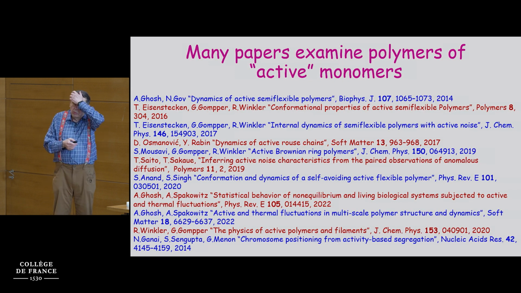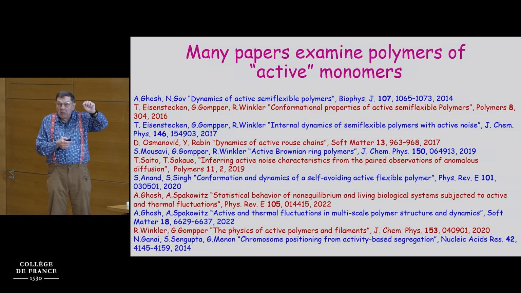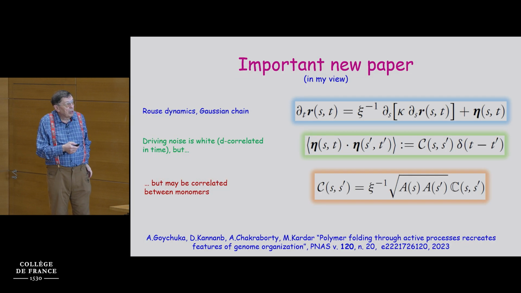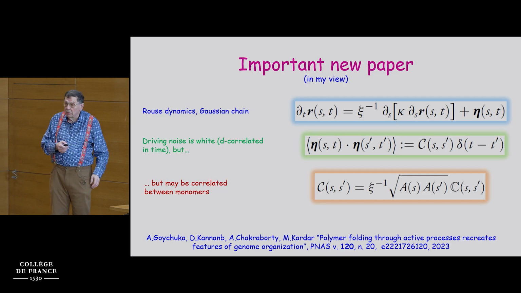In those papers, every monomer is an active particle of its own, driven by internal noise or external noise, a thermostat, something, but every particle is independent of other particles. And these people introduce correlation between different monomers.